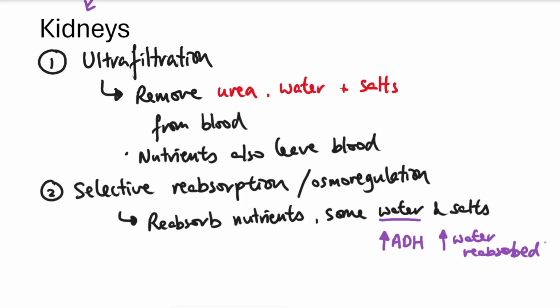And vice versa, if you had a lot to drink, then the pituitary gland would detect that and release less ADH, therefore less water is reabsorbed, so that more water is excreted from the body. So any excess remaining in the kidneys, so excess water, excess salt, along with all the urea, becomes your urine.